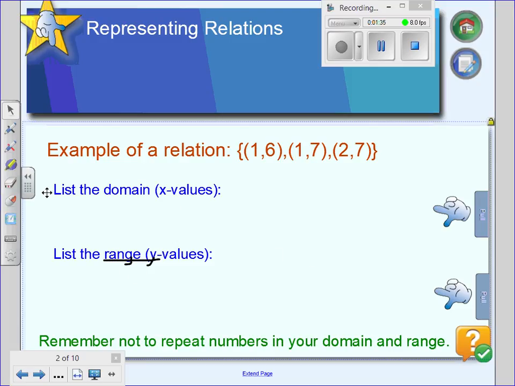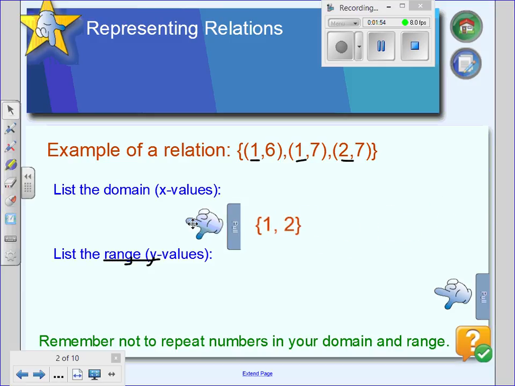Looking at the domain here, the x values are made up of 1, 1, and 2. When we are listing a domain, we will not repeat values that come up more than once. We'll just write them one time. Because a domain is a set of values, we're going to write that set of values with curly brackets under it.